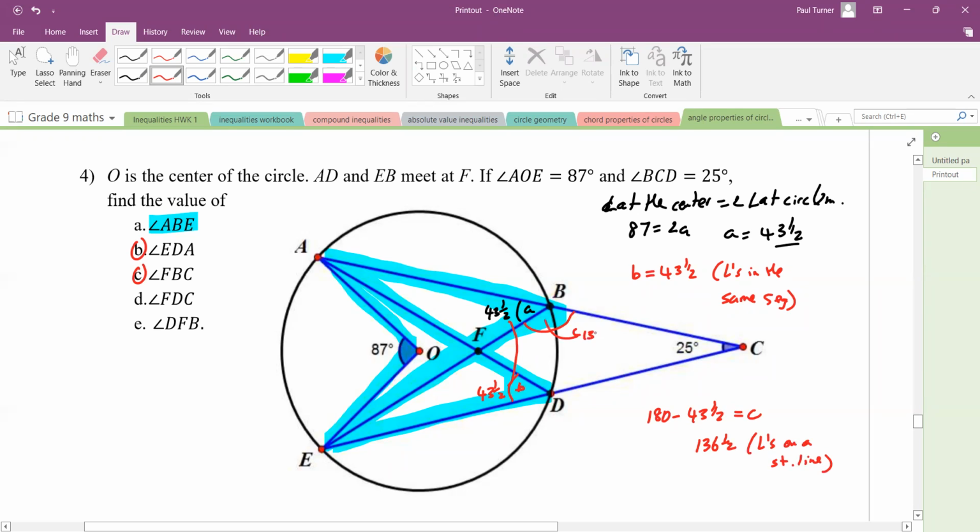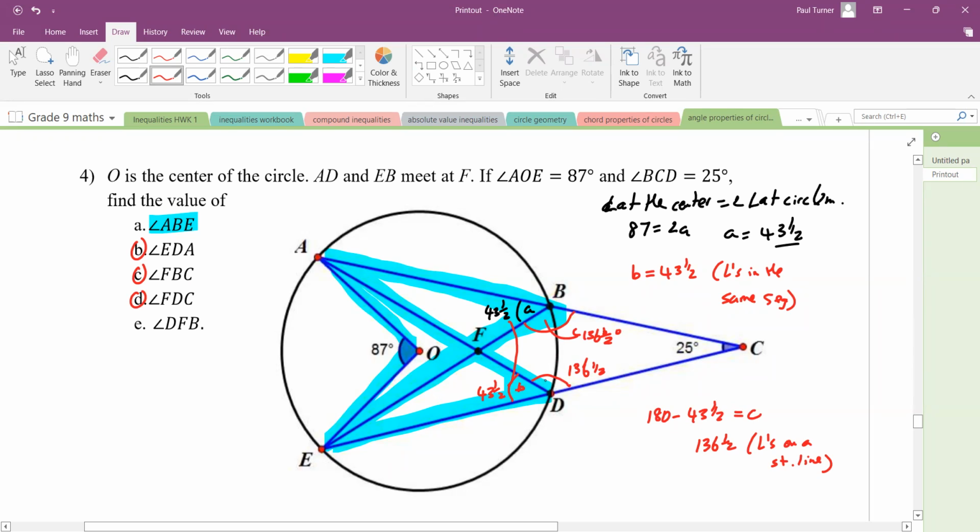So this is 136.5 degrees. And because this is 43, and this is 43, this is also 136.5, this angle here. So we'll add them into here in a minute. So that's 136.5. That is angle D, FDC.